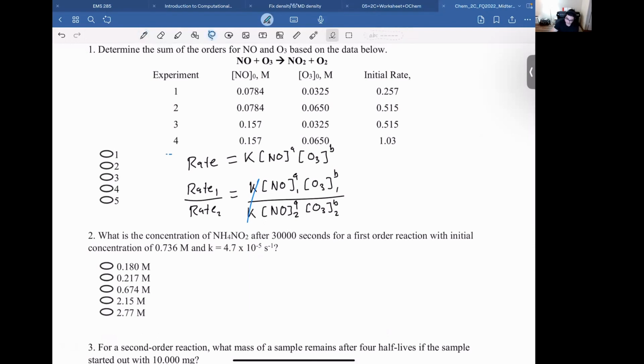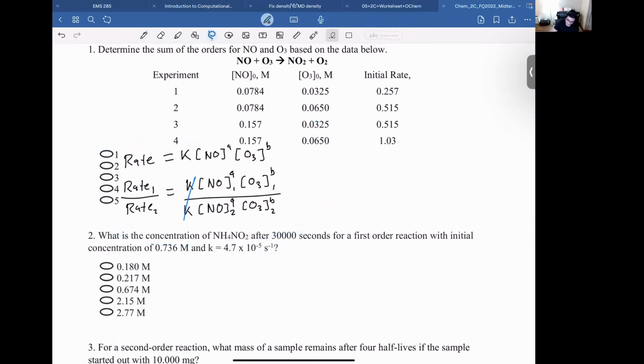Now if you want to solve for A, let me move this over. What you have to do is look at 2 experiments where O3 is kept constant. That way, the terms with B cancel out because they're the same on the top and the bottom when you divide. So if I solve for A here, I'm going to use experiments 1 and 3 because the O3 concentration is kept constant, and you're going to see that the B's cancel out.